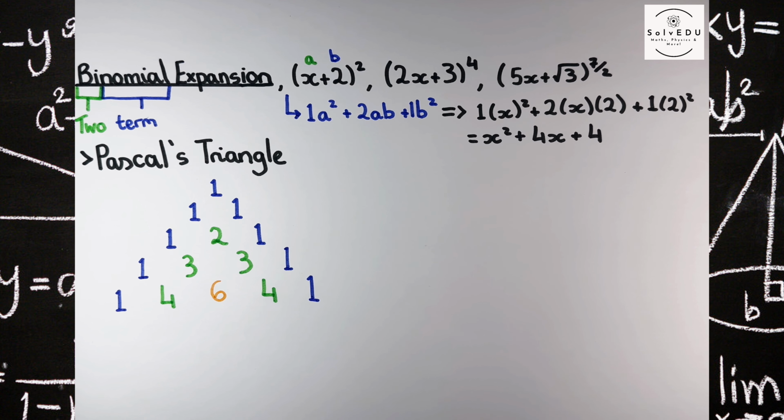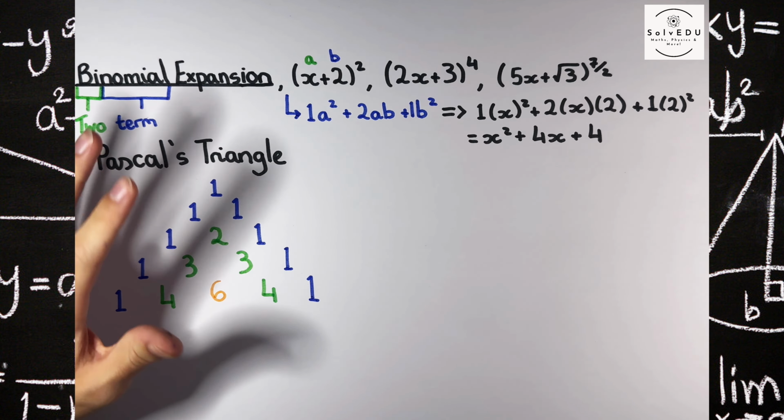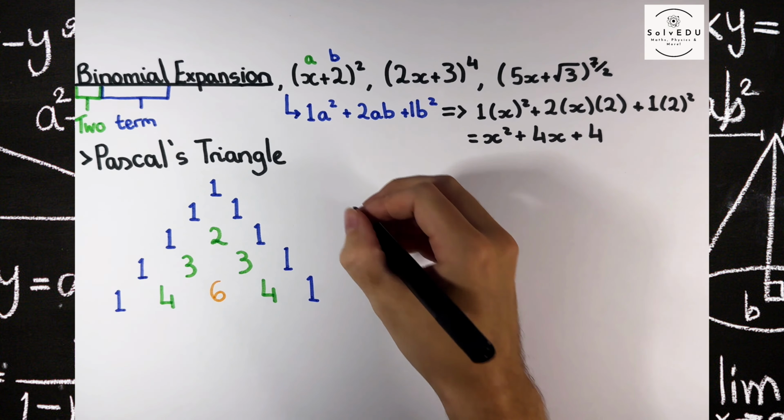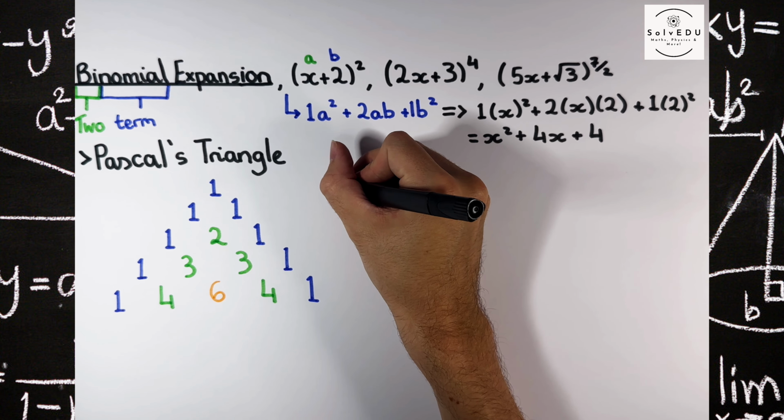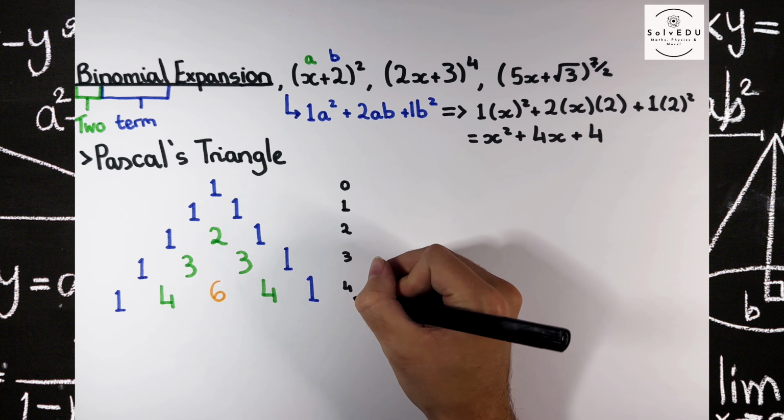And there we have it, up to the 4th row. Now, we start at the top, number 1. First number sort of makes sense. But we call this row 0. Our first row, well, second row, row 1, row 2, row 3, row 4, etc., etc.